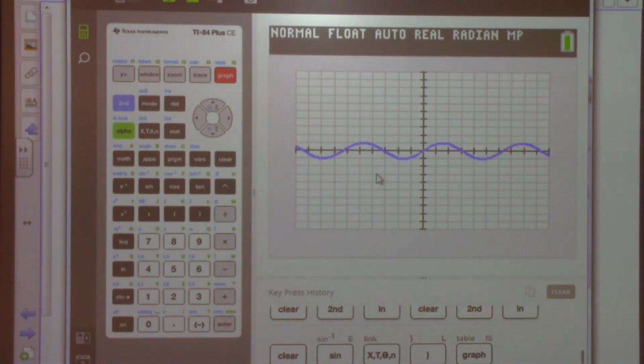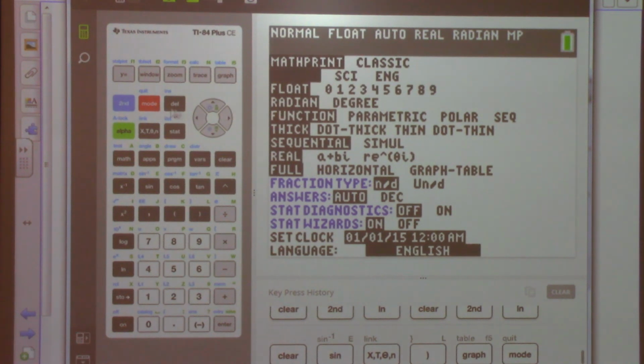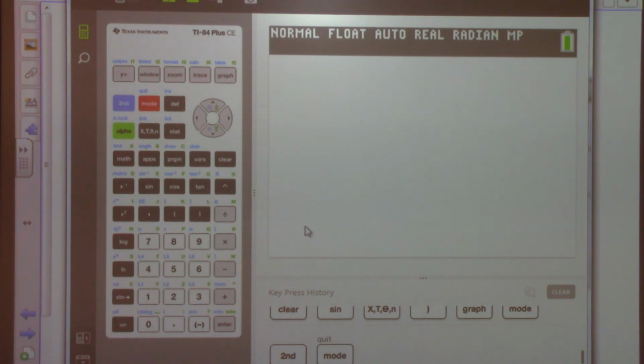How do you change the mode? Another good question. Mode is right here. You'll see down here radians and degrees. You can switch, and when you're graphing a trigonometric function, you want to be in radians.